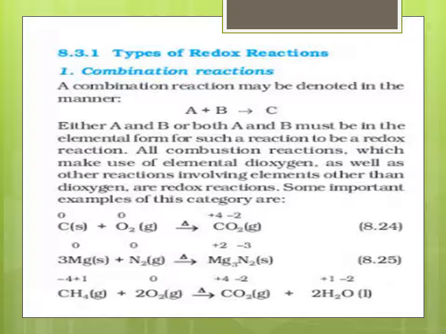Similarly for CO2, carbon will carry plus 4 and oxygen will carry minus 2. In case of magnesium and nitrogen, similarly, Mg3N2 will be formed. Magnesium will carry plus 2 and nitrogen will carry minus 3. In case of methane and oxygen, it gives carbon dioxide and water.